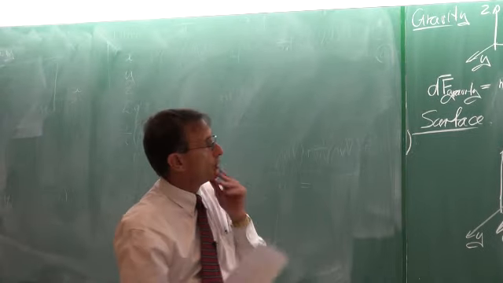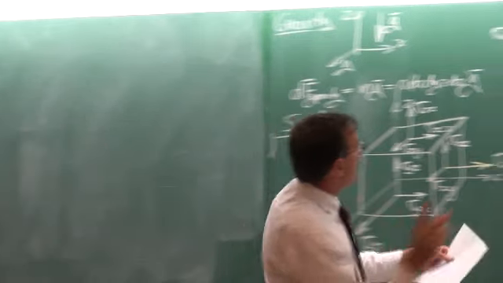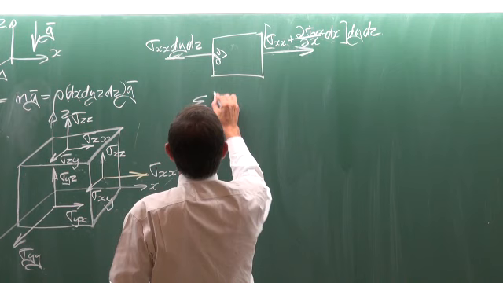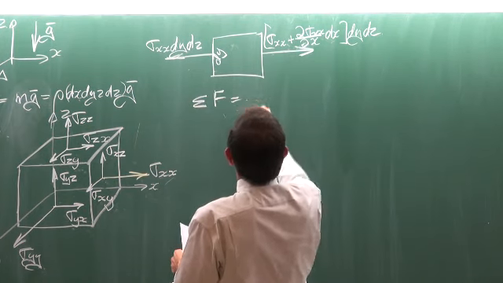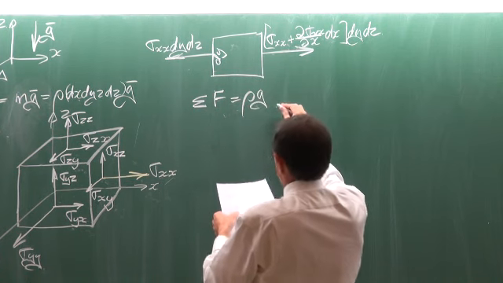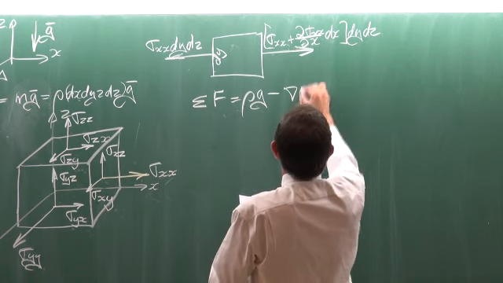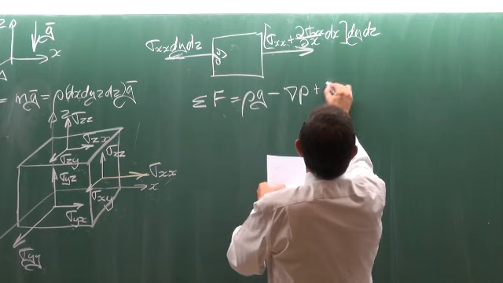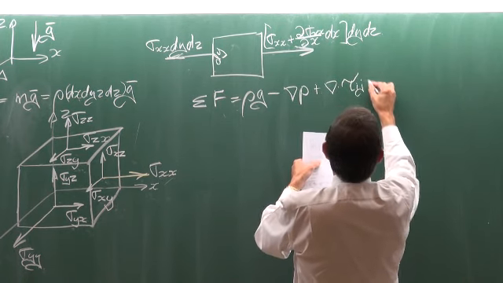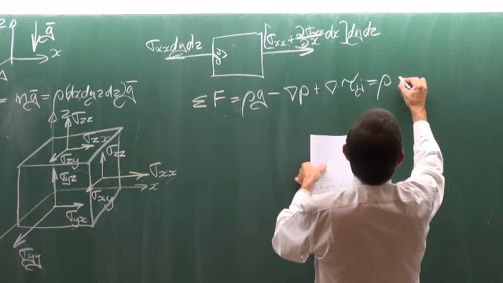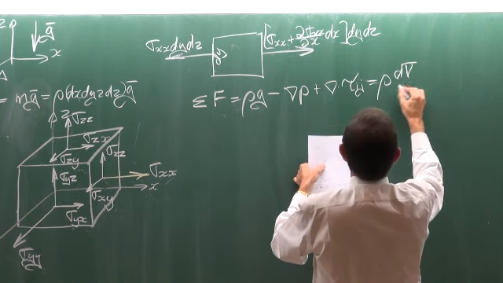We have to do it on all the surfaces, on all of them. Then the sum of the forces would be equal to rho g, minus the grad of the pressure, plus the grad of tau ij, is equal to rho multiplied by dv dt.